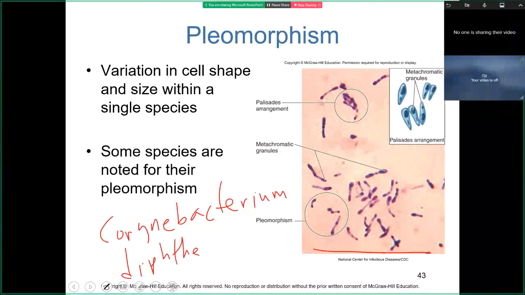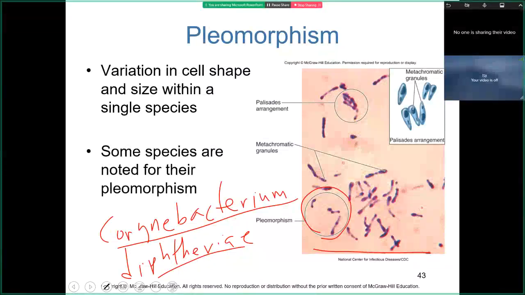Yay! A really bad upper respiratory infection that luckily now we have DPT immunization for: diphtheria, pertussis, tetanus, and the D in there is a component that helps to bring about immunization of an individual organism. And you can see they've circled a few of the cells here so that you can compare them.